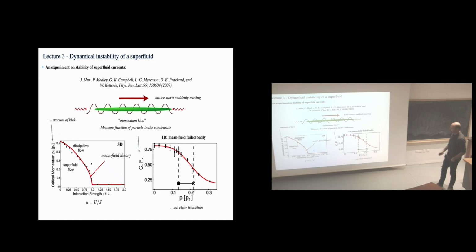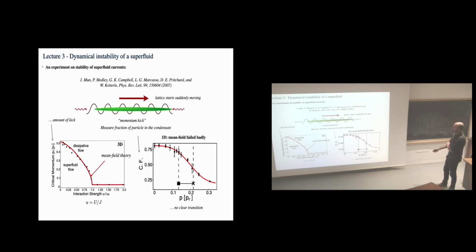And then one can get these kinds of dynamical phase diagrams. On the x-axis there's the interaction strength, which is controlled by how deep you make the optical lattice, or by tuning the scattering lengths between the atoms. On the y-axis is how much they kick the system. It's exactly the same number that I had on the previous slide, the kick parameter.